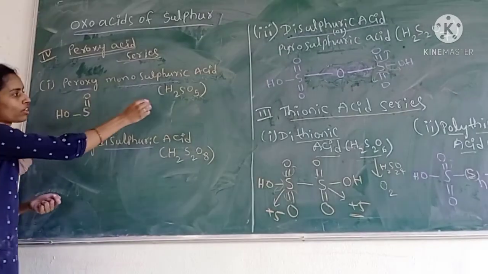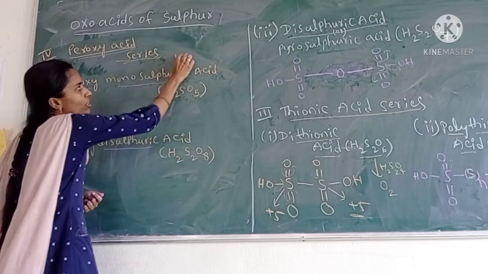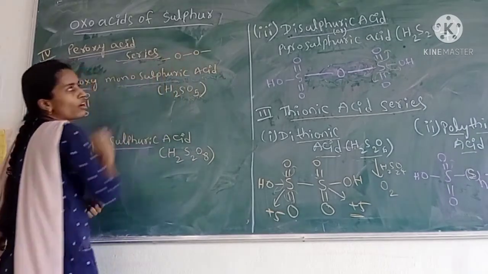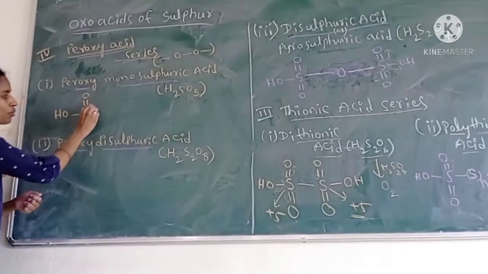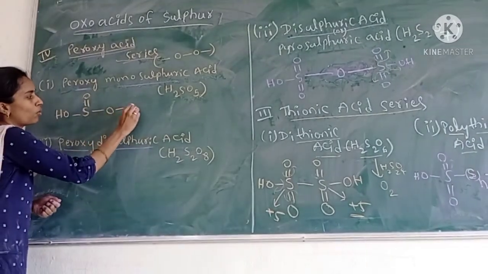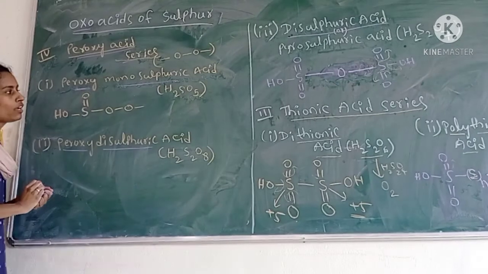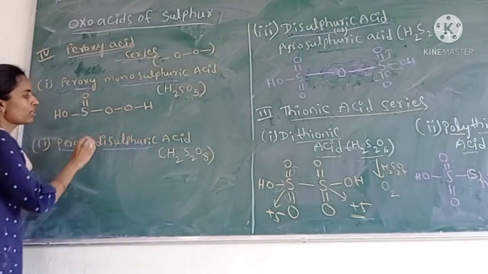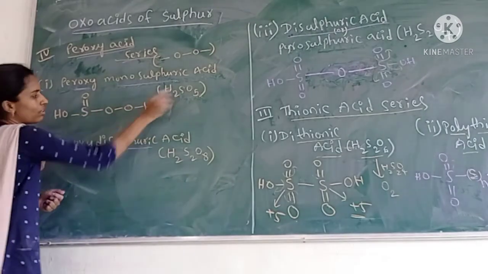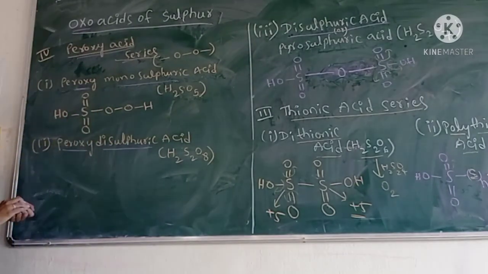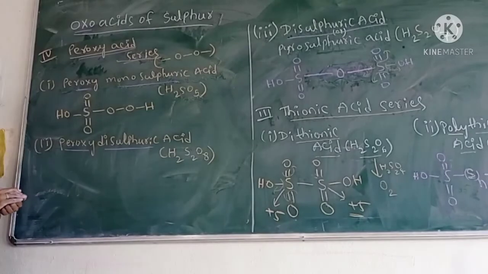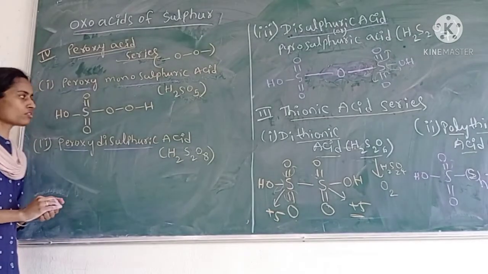Then you know, an O-O linkage is called a peroxy linkage. Just put O here. What remains? Only one hydrogen remains, and there are 4 oxygens, so double bond O. So this is the peroxymonosulfuric acid structure.